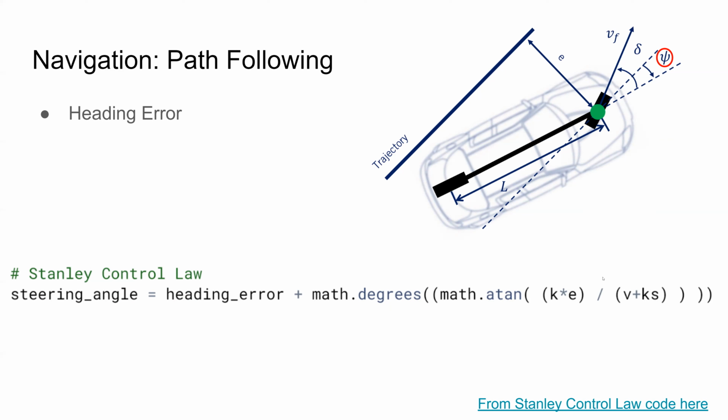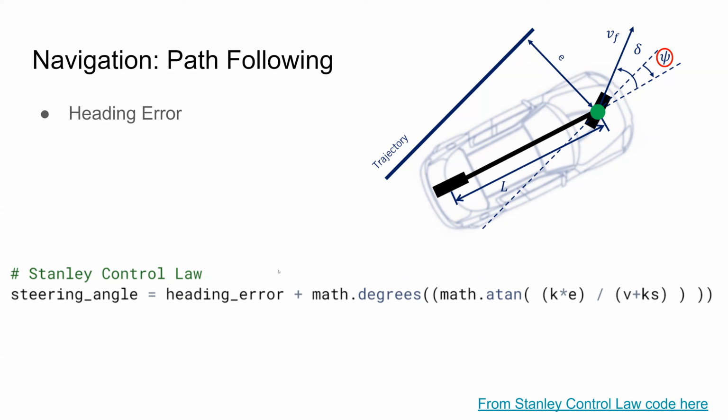But for us, our speed was mostly constant, so it didn't really matter to us. However, the softening constant did play a decent role in how big the steering angle would change based on some of these errors, or the cross-track error mostly.